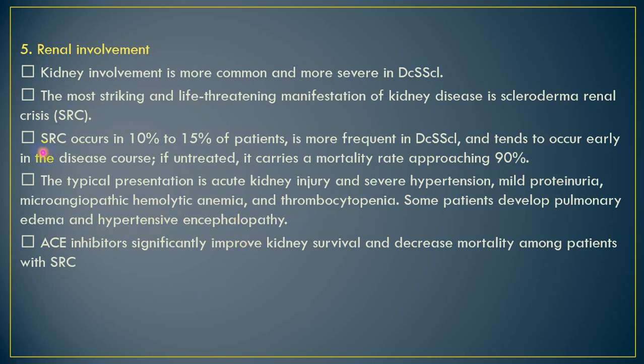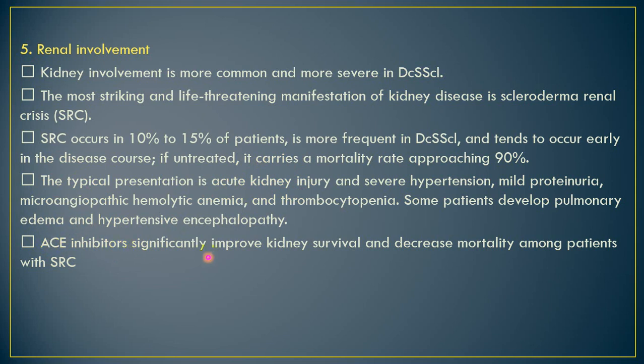Although patients with scleroderma renal crisis have acute kidney injury with elevated urea and creatinine, and you all know that ACE inhibitors and ARBs should be used with caution in patients with renal impairment, the treatment of choice in patients with scleroderma renal crisis is an ACE inhibitor as a vasodilator.